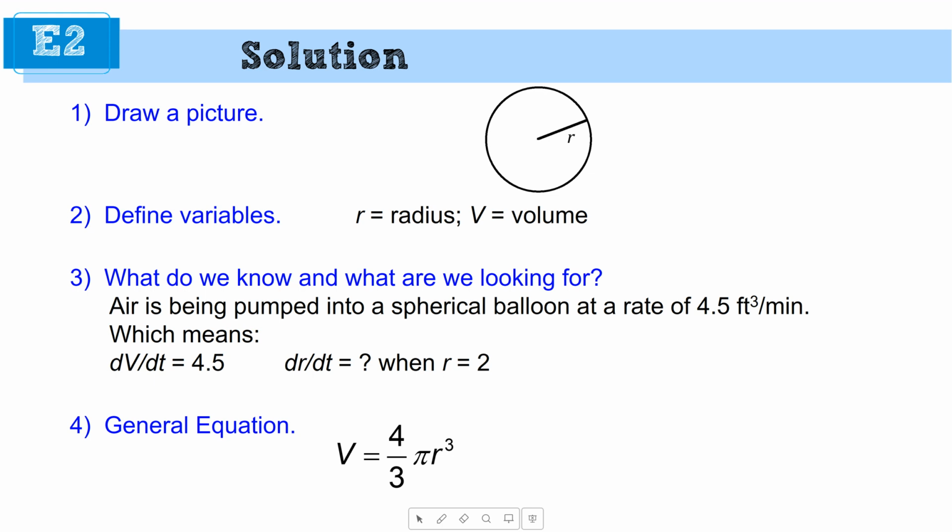Take the derivative of that equation with respect to time. I'll get you started. What's the derivative of V? Very good, dV/dt. You do the right side. Some of you might be surprised by the answer.